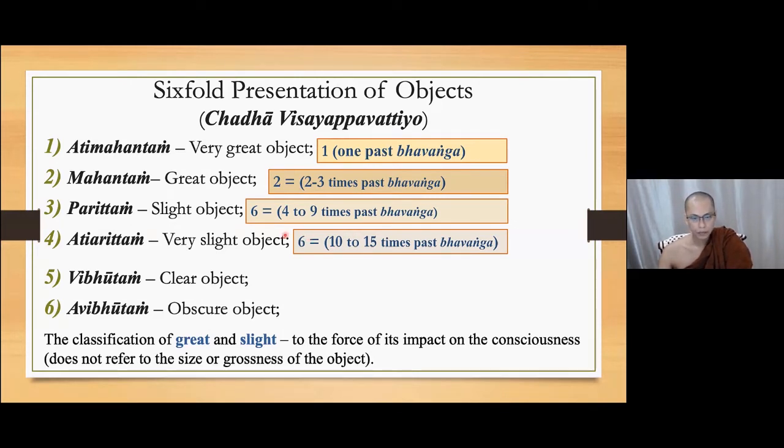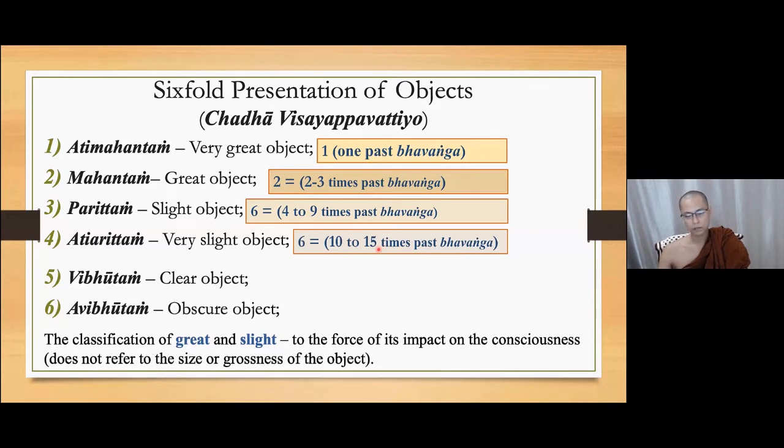So here, if the past Bhavanga arises 10 times, only 7 mind movements are left for the lifespan of the object and sensitivity, because they have only 17 mind movements as their lifespan. So only 7 is not enough for some cases. That's why that is regarded as very slight, starting from 10 to 15.